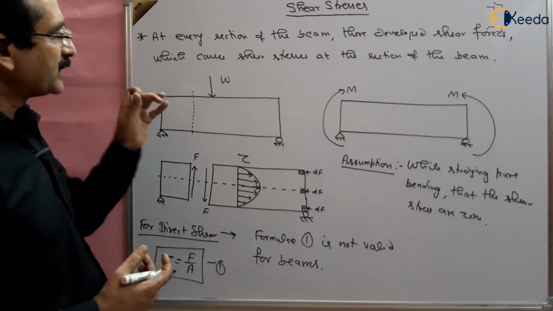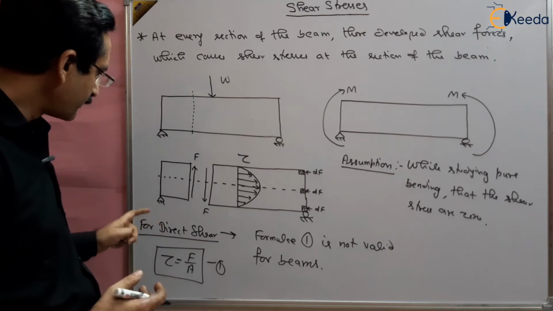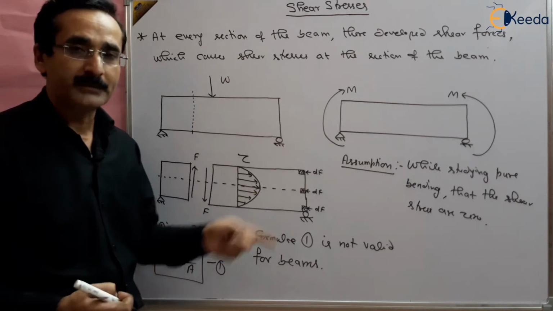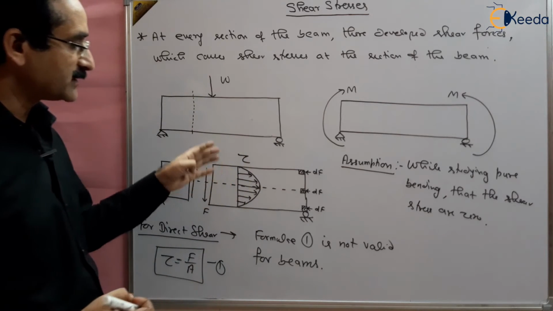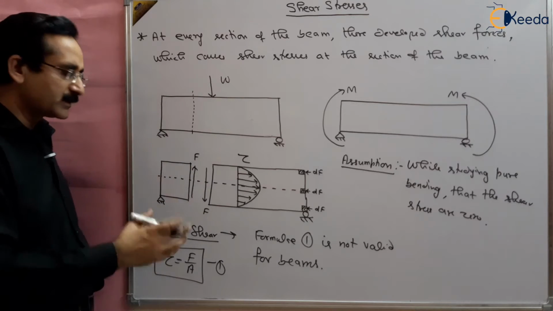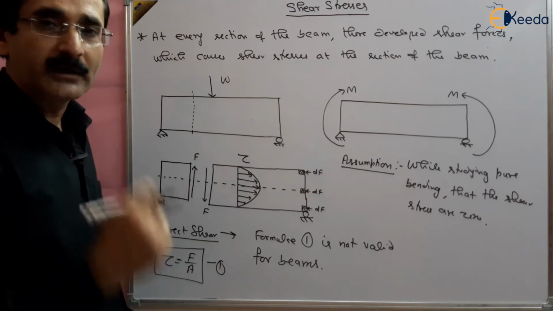So in the coming section, we are going to derive how to find the shear stress for this case, that is bending of beams. When the beams are bending, then the shear stresses are developed. Now shear forces are transverse in nature, that is okay, but you know that shear stresses are complementary in nature.